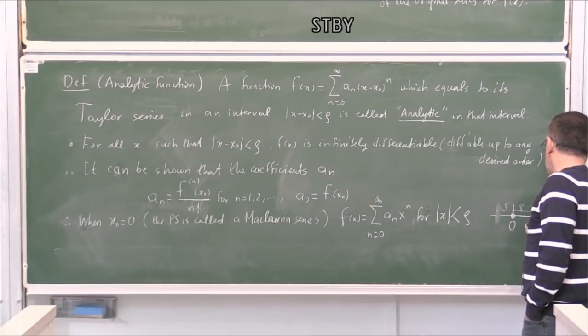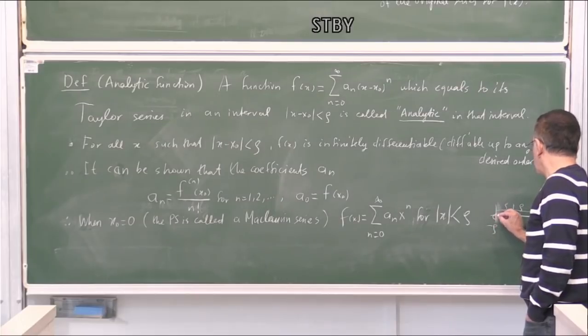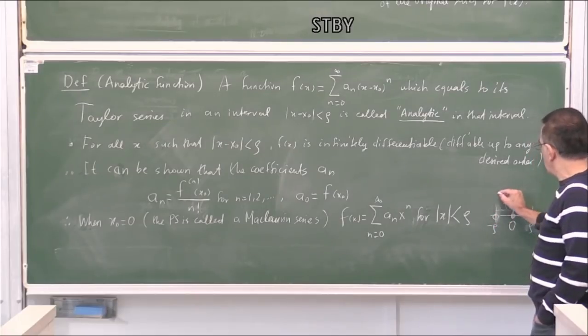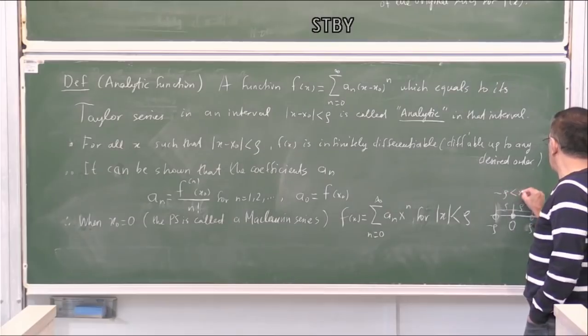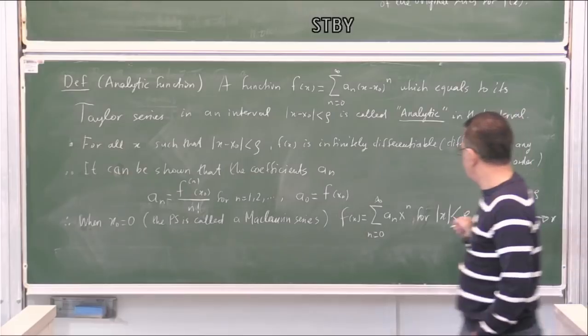So this is x, this is rho, and this is minus rho. Good. So x is between minus rho and rho.